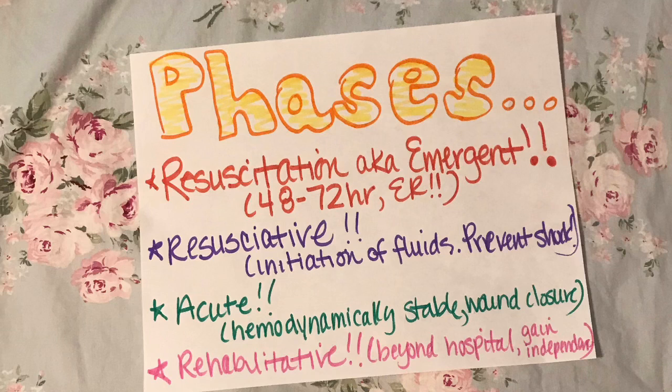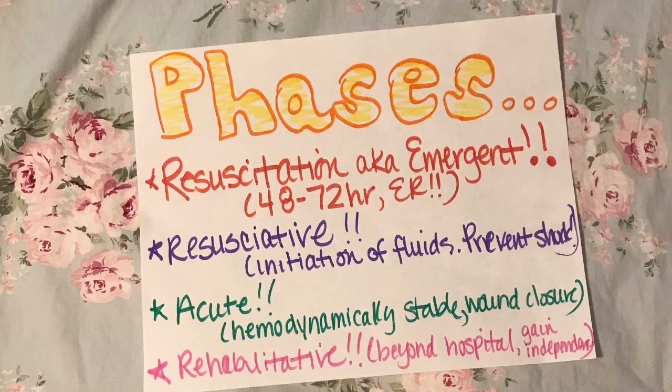Lastly, we have the rehabilitative phase. So this one overlaps the acute phase, which is stage 3. I think I skipped over that. So stage 3 is the acute stage. This is when a patient is hemodynamically stable, and this is the phase that's all about the focus of infection control, wound care, wound closure.